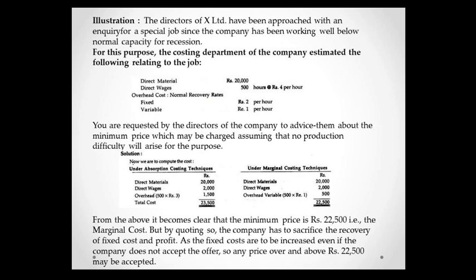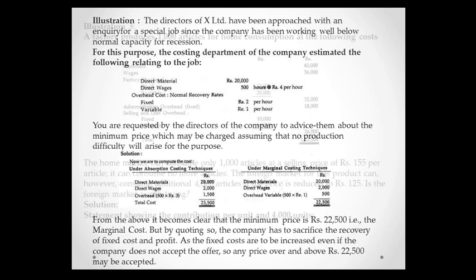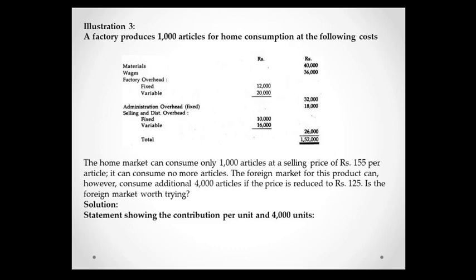We have to take only the variable cost, for the same 500 hours, and 500 into rupees 1, we are getting the variable overhead as rupees 500. So the cost of performing the particular job comes to rupees 22,500. So the offer can be accepted.